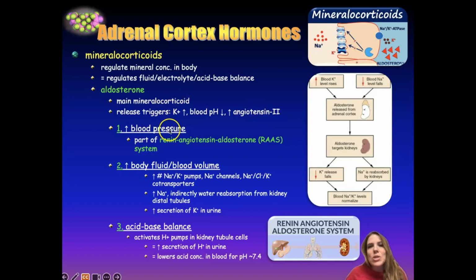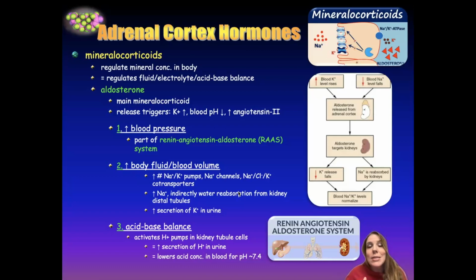The aldosterone is going to cause sodium ions to be reabsorbed from the kidneys into the body. Indirectly, that causes more water reabsorption into the body from the kidneys, thereby increasing blood volume and blood pressure.